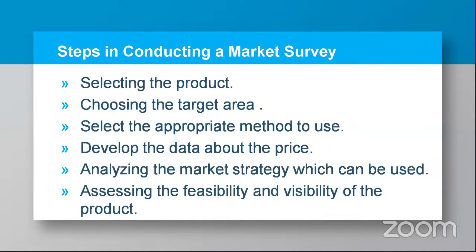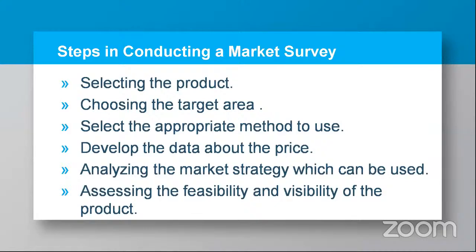As I told you from the start, a market survey is all about going in the field and finding out who your customers will be, which people are going to buy your products. Because if you are to produce particular products, you have to go out and identify which people will be in position to buy your product.